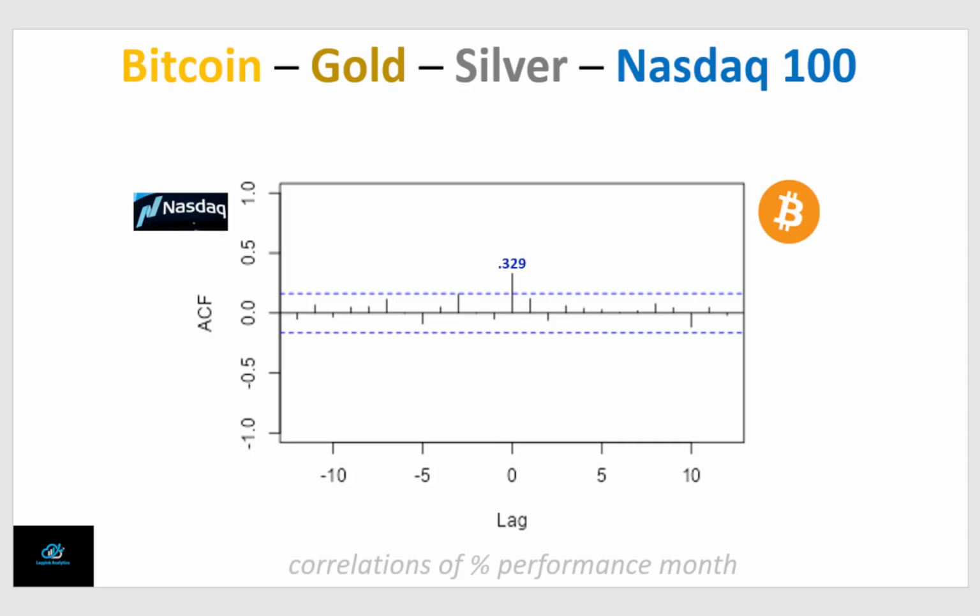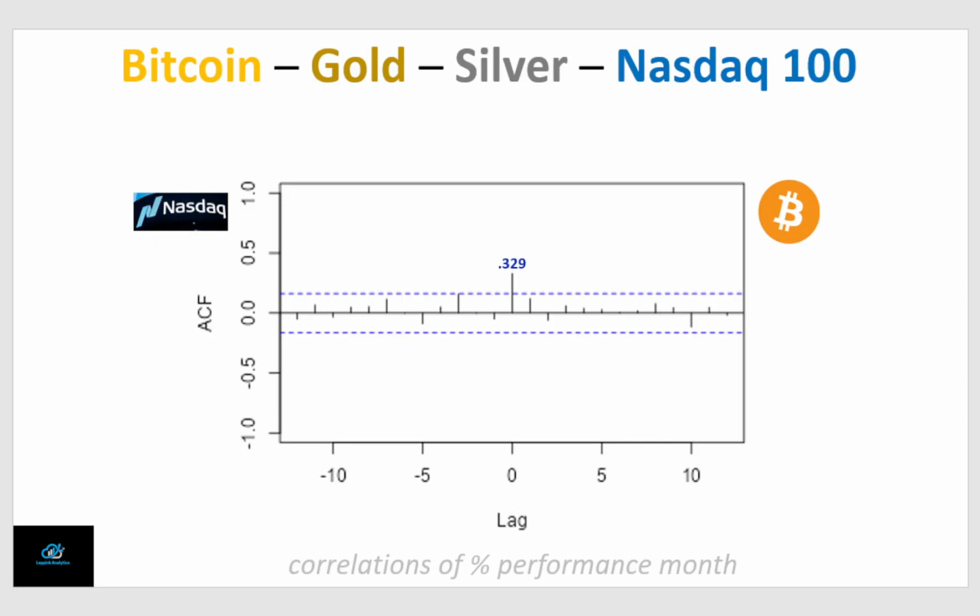That is true, of course, but that statement does not imply that from Bitcoin performance you can tell very accurately what the Nasdaq is going to do, or vice versa. Or even what's happening in the same month, because the lag zero correlation isn't even forward looking in any way. It's a concurrent correlation between these 2 months.